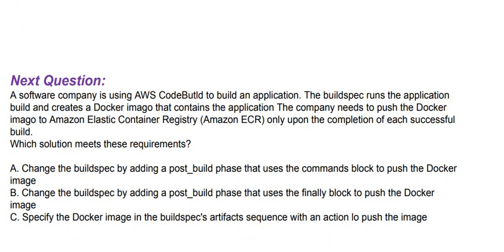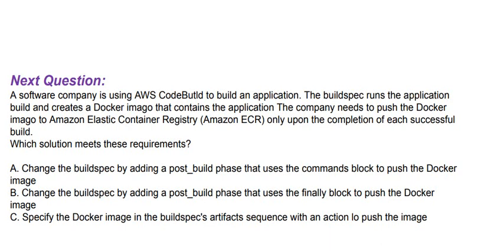Option A. Change the buildspec by adding a post-build phase that uses the commands block to push the Docker image. Option B. Change the buildspec by adding a post-build phase that uses the finally block to push the Docker image.